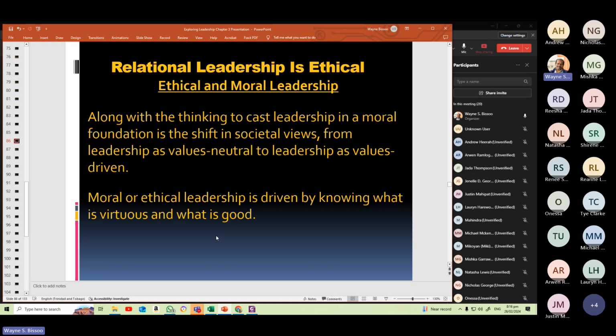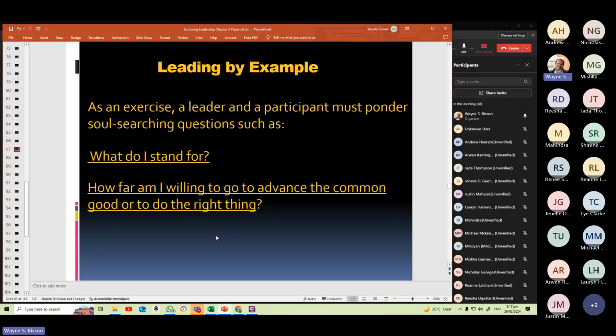That's an interesting question. This model says no, you need to be values driven, because if you're values neutral, then there's no base playing field, and that's the concept that they wanted to look at here. But that as a leader, you should be values driven and know what is good to do. That's going to be an important element that you want to pay attention to.